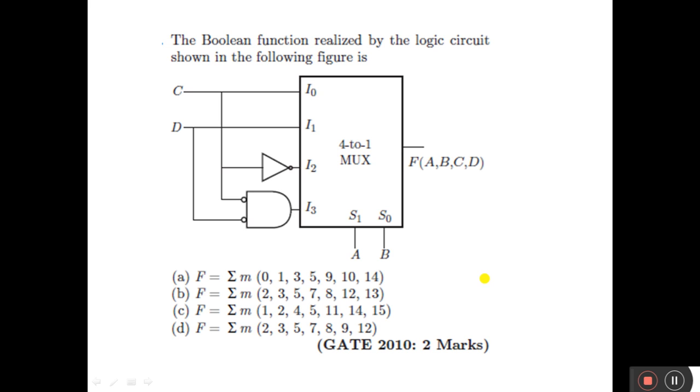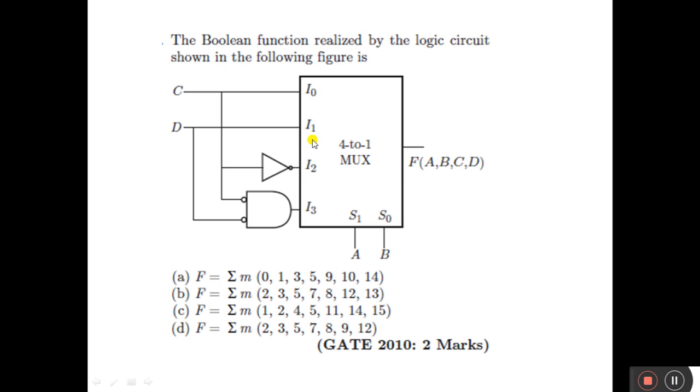Option B, F equals summation m of 2, 3, 5, 7, 8, 12, 13. Option C, F equals 1, 2, 4, 5, 11, 14, 15. Option D, F equals 2, 3, 5, 7, 8, 9, 12. This question was asked in GATE 2010, 2 marks. In general, they ask for the output expression, but here they are asking in terms of numbers, that is minterms.